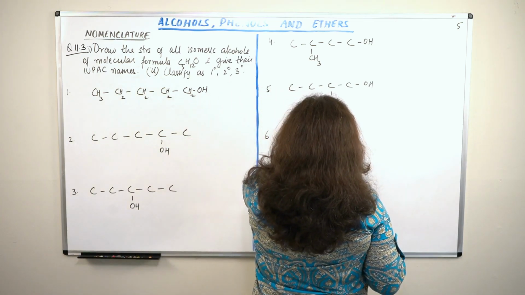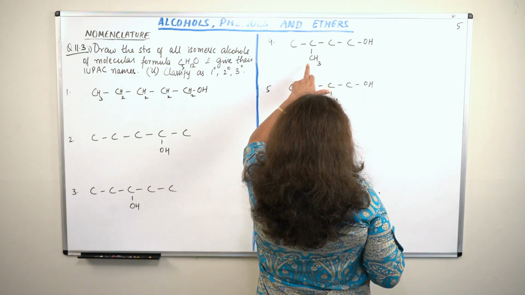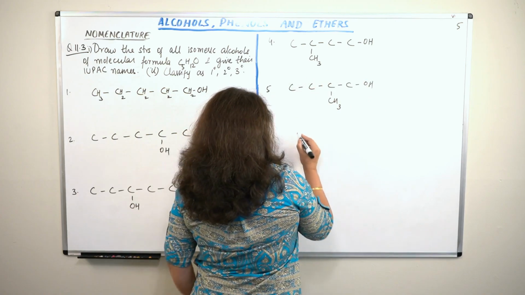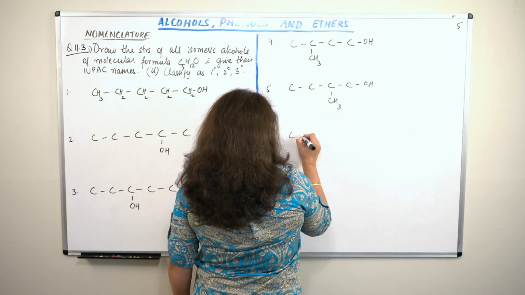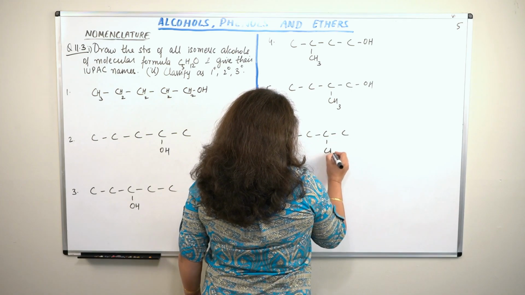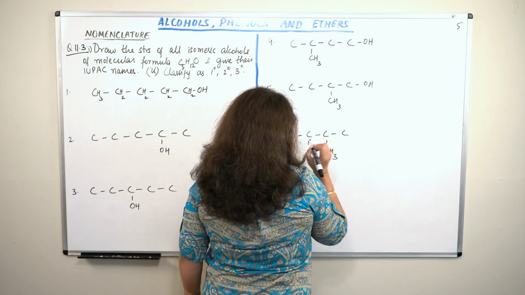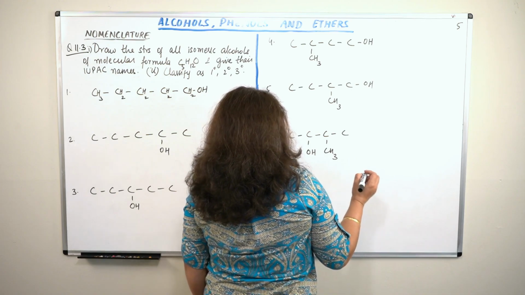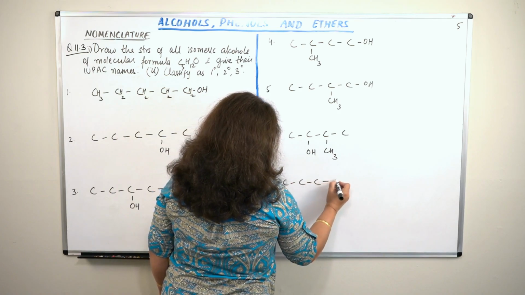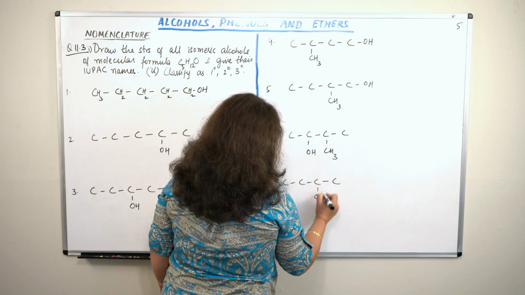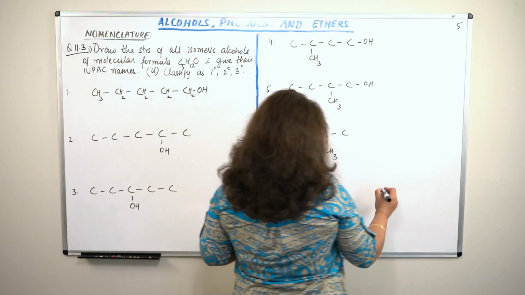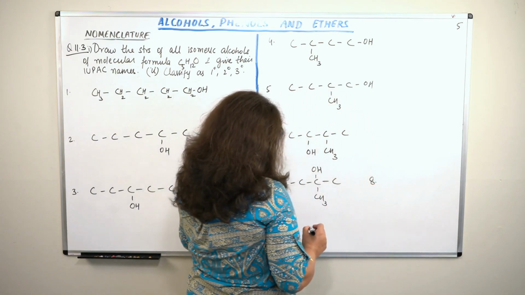Now we will assume that both OH and CH3 are coming on butane. They are on the central atoms. So one branch remains. We write 1, 2, 3, 4. CH3 is here and OH is here, right? Now the 7th compound could be 1, 2, 3, 4. The CH3 is here and the OH is also here, right? One more variation we can make now where there are 2 methyl groups.